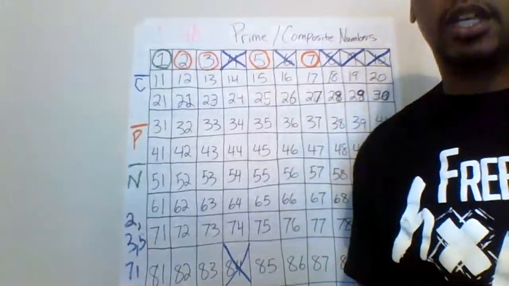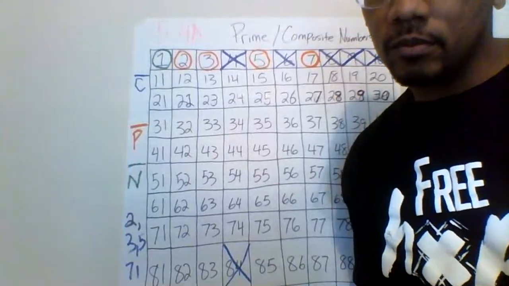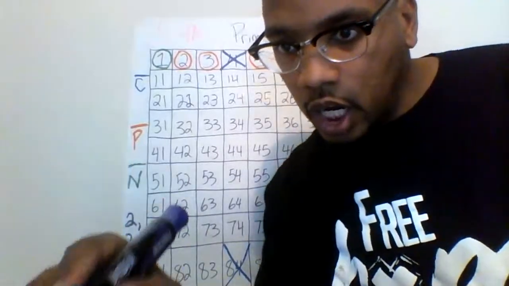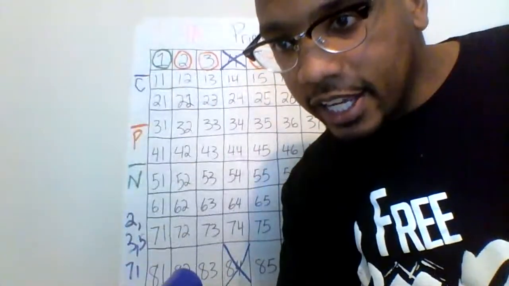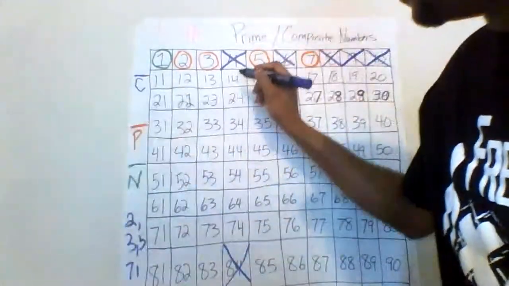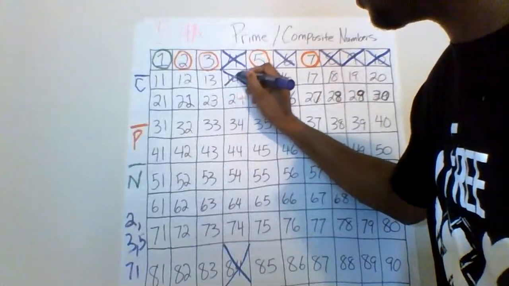All right. Now, Natalie says, we knew 7 already. Natalie says 14, 21, 28. Good.